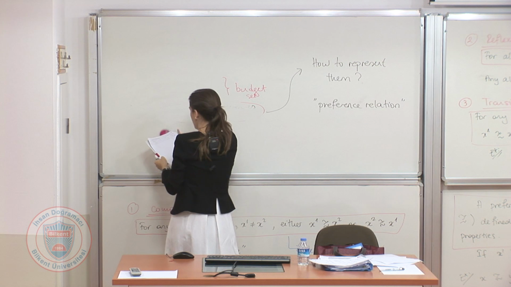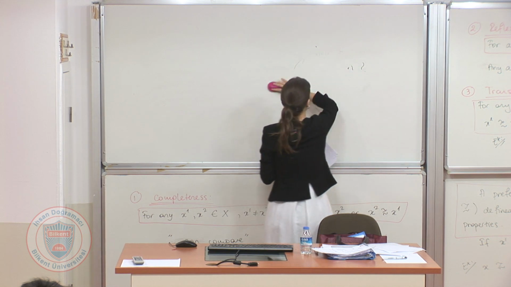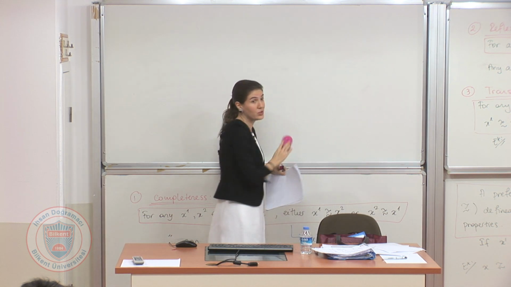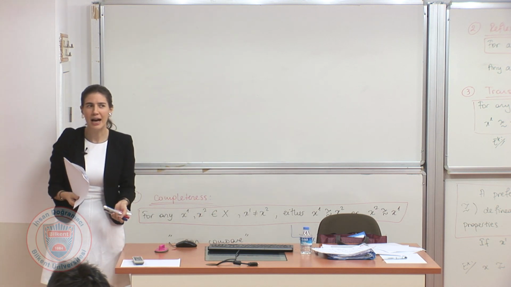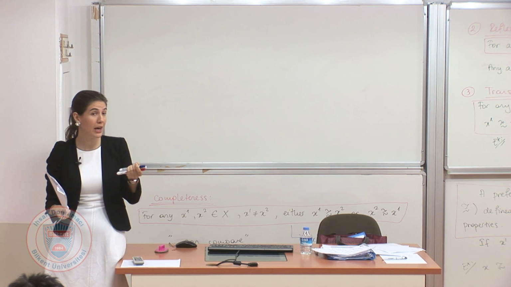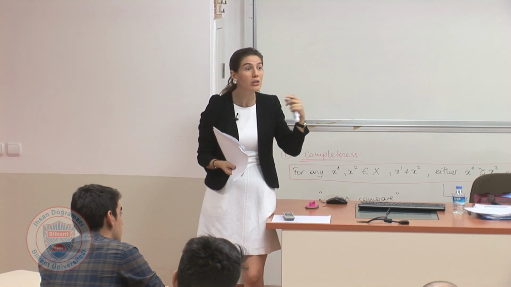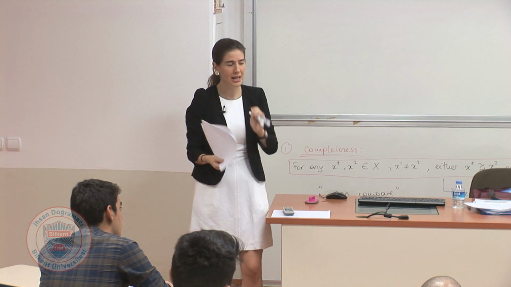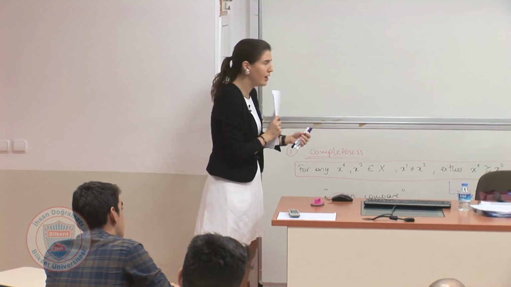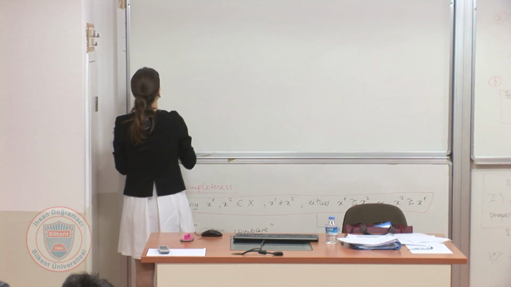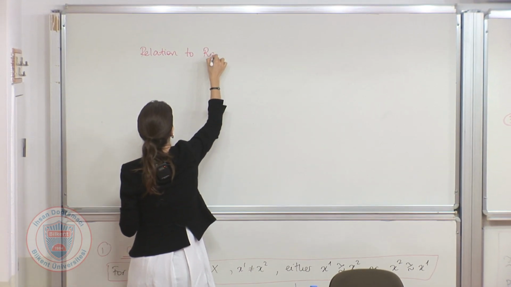Whenever we call you guys rational, there is an implicit relation to these properties, that you are able to compare, and your pairwise comparisons are internally consistent. Basically you're not that crazy. That's why we tend to call you rational, okay? So let me say it in relation to rationality.